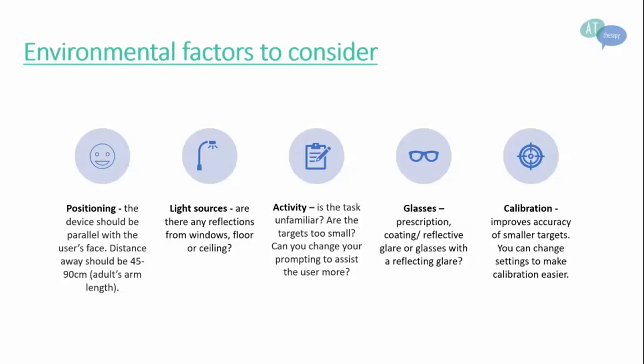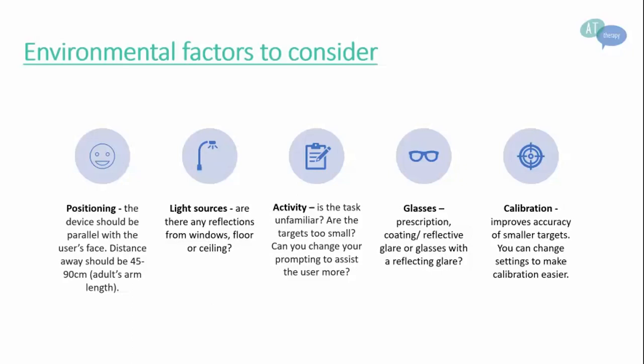So we're thinking about reflections from windows, but also what we're really interested in is whether that infrared beam is being disrupted in any way. So often it's overhead lighting that will disrupt that beam. So you can just play around with where you are in the room, which direction you're looking at, and so on.